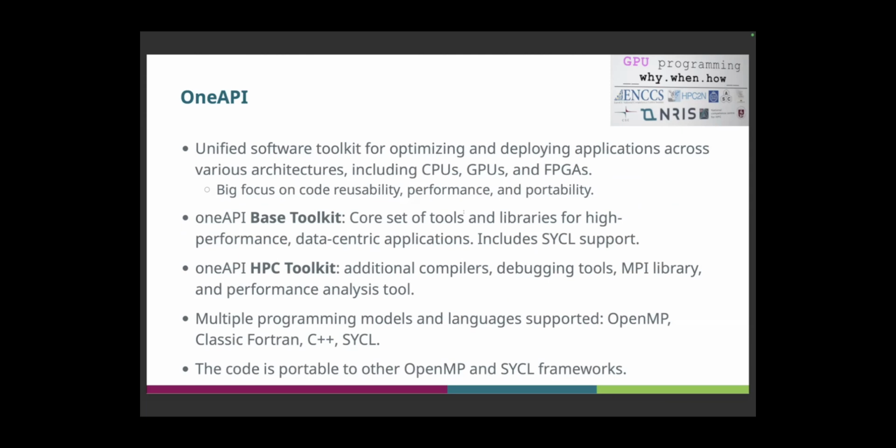Otherwise, in many ways, they provide similar things to ROCm and CUDA. You have the compiler that supports C, C++, and Fortran, and also lots of tools for debugging and for performance analysis.